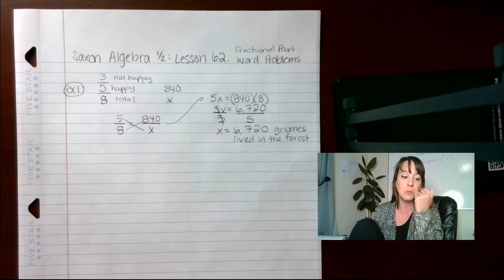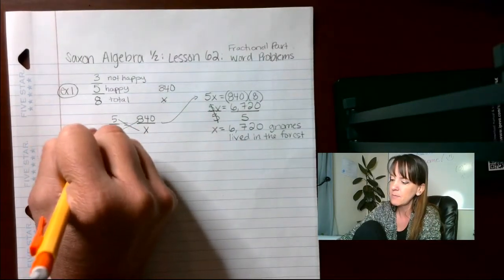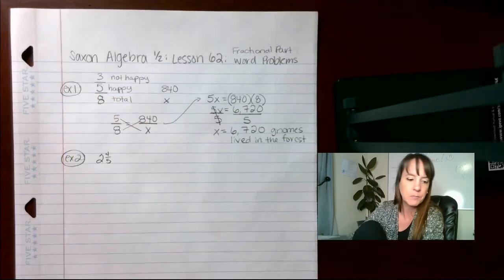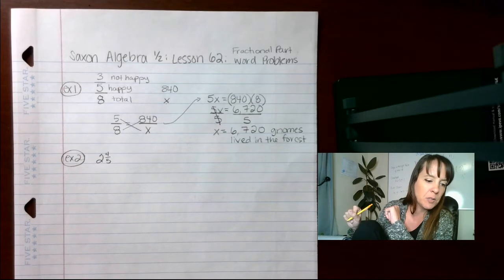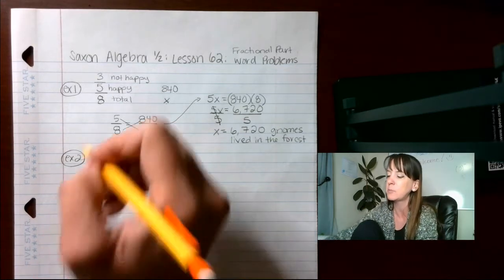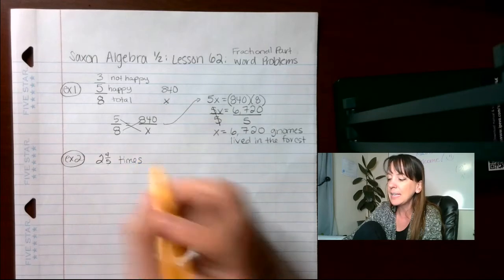Let's look at example number 2. On Monday, 2 4/5 times the acceptable number of rock badgers took refuge in the mountain caves. If 640 is the acceptable number, so this times the acceptable number.